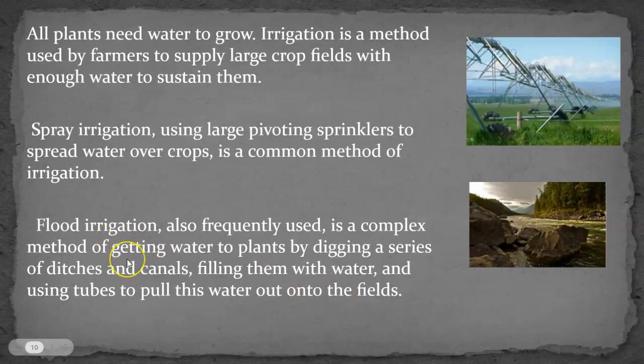It's more complex of getting water to plants by digging a series of ditches and canals. And when you dig these ditches and canals, you fill them with water, and then you use tubes to pull out the water onto the fields. I see a lot of this type of irrigation in our state.